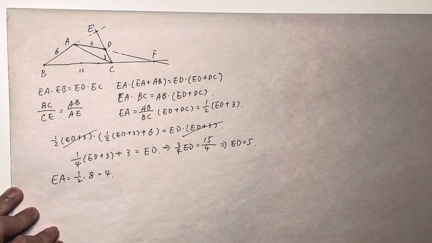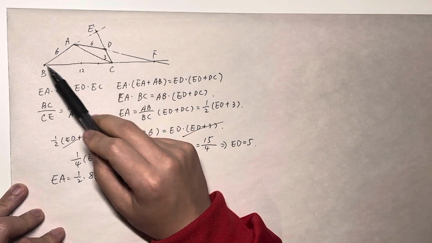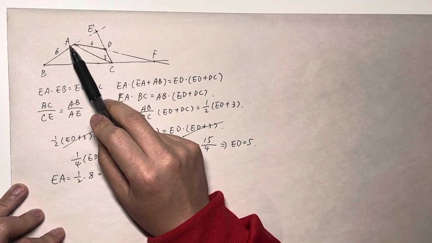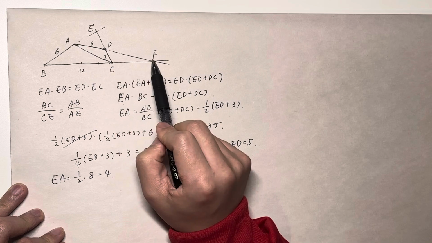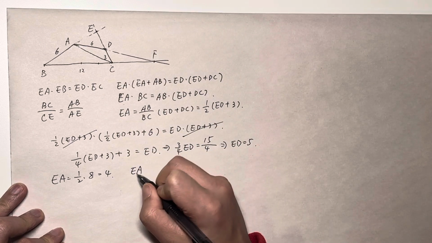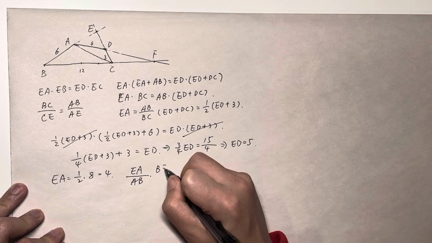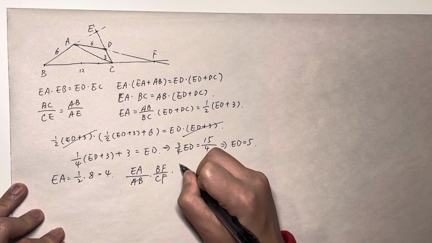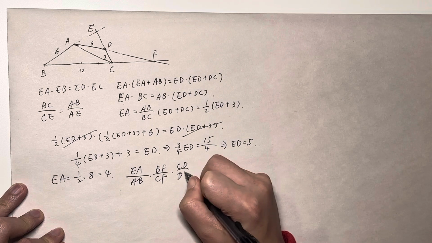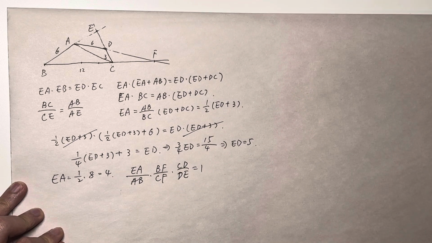And now we can use Menelaus's theorem for the triangle EBC and the intersection line ADF, so that we have EA to AB times BF to CF times CD to DE equals 1, right?